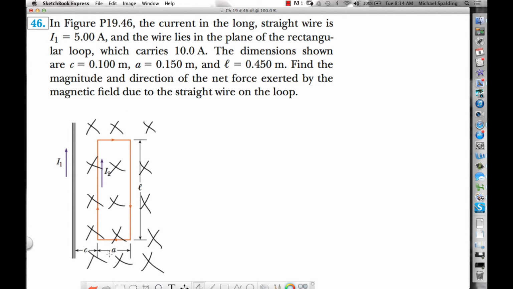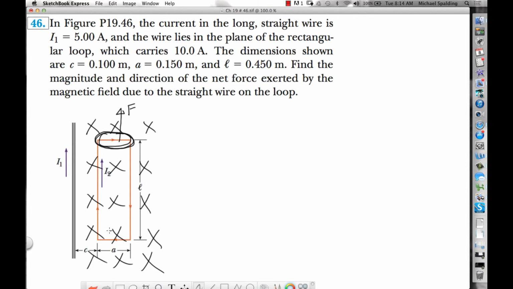Now, let's figure out the direction of the force on wire number two. So focusing on this top segment that I'm circling, which way is the force? Well, you got to do right-hand rule number one. So magnetic field goes in, right? Your thumb points to the right because that's the way the current's going. The palm of your hand faces up. So the force here is up.